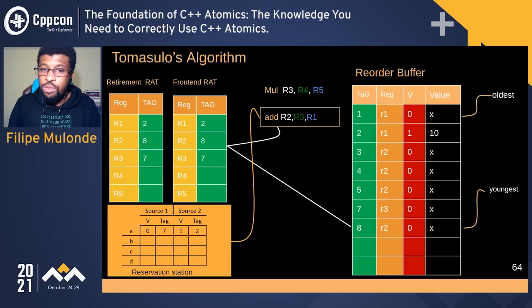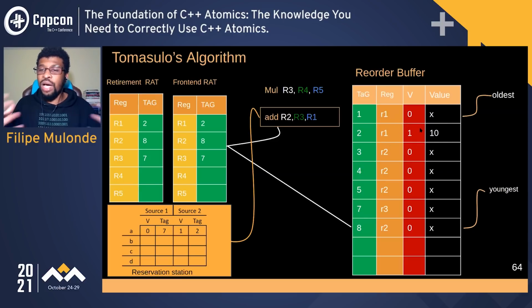And we do the same with register number 1. We access the front-end register alias table, and we get the tag of the register number 1 to access the reorder buffer. So in this case, it is the entry number 2. And we check the validity bit of the youngest entry of the register number 1, and in this case it is 1.